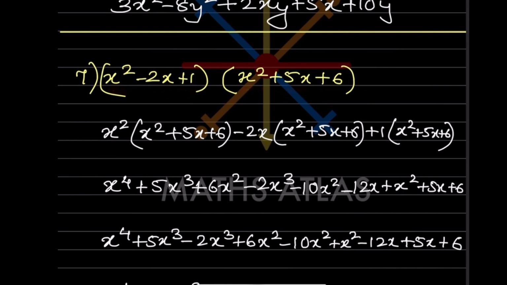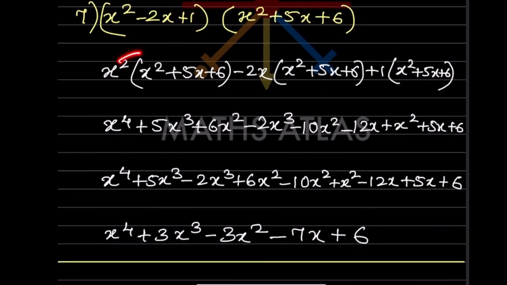So what will you do? You will take this one, and this whole bracket you are going to take it here. Then you will take this number minus 2x, and this whole bracket again you are going to take here. This you will take plus 1, and again you will take this whole bracket. So now what will you do at the next step? You are going to expand it.